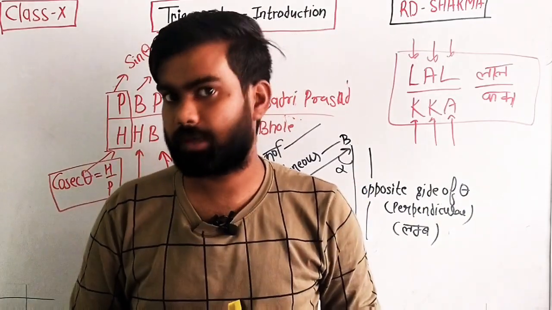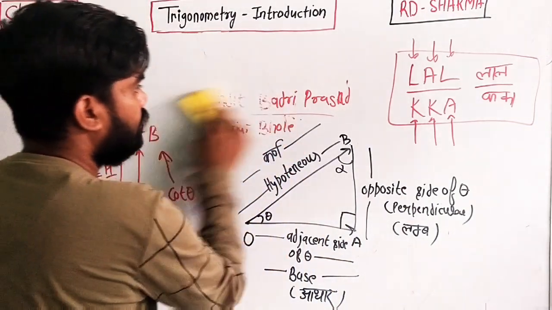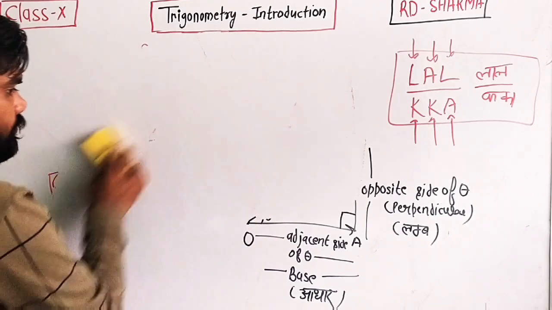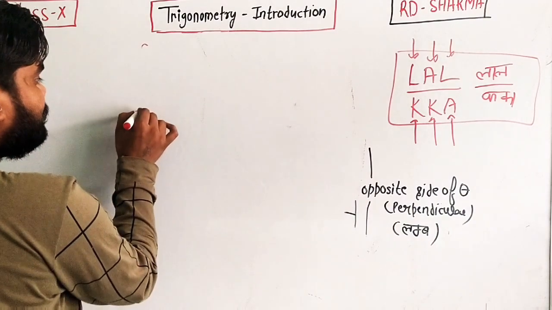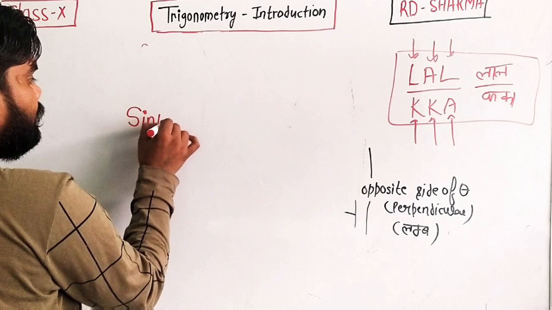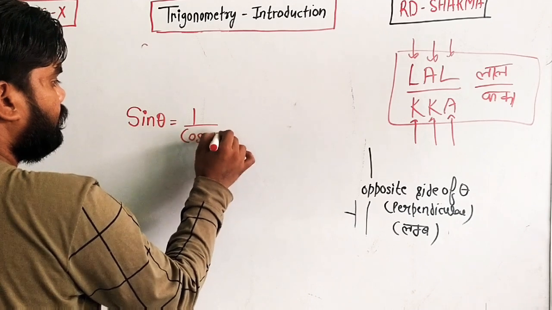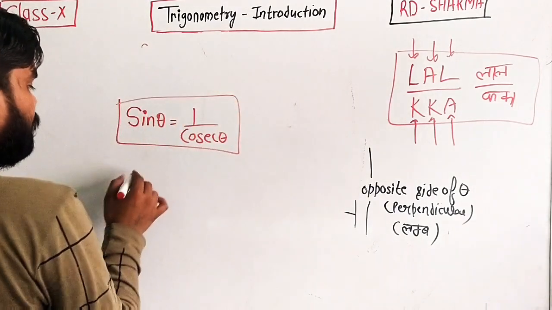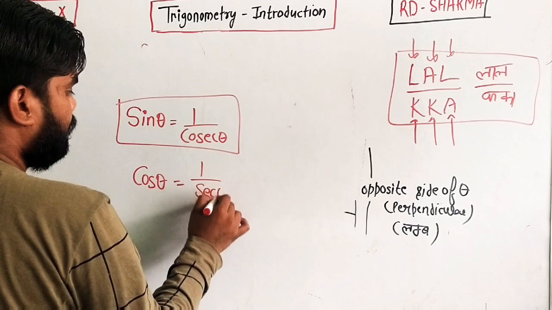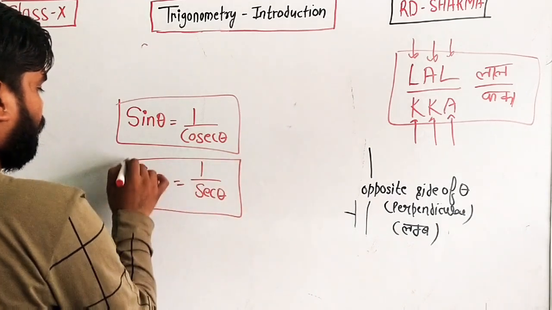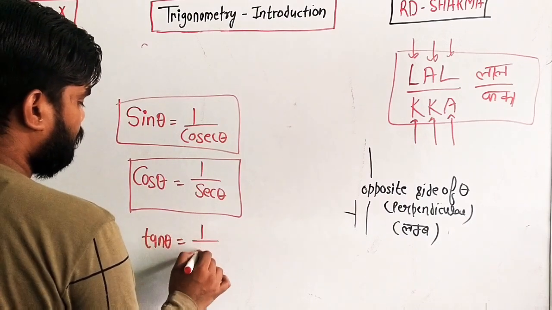Let's identify some more formulas. As I told you, sin theta is the inverse of cosec theta, which means sin theta equals 1 upon cosec theta. This is your formula. Cos theta is equal to 1 upon sec theta, and tan theta is equal to 1 upon cot theta.